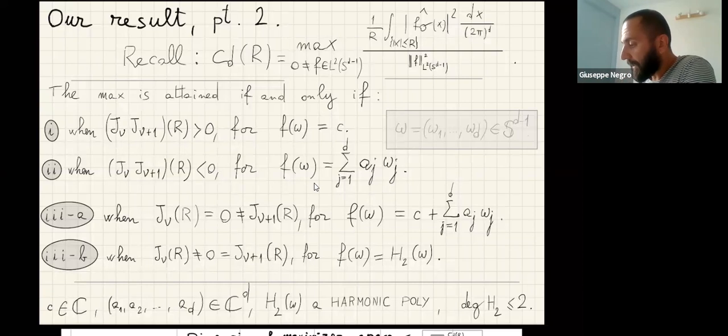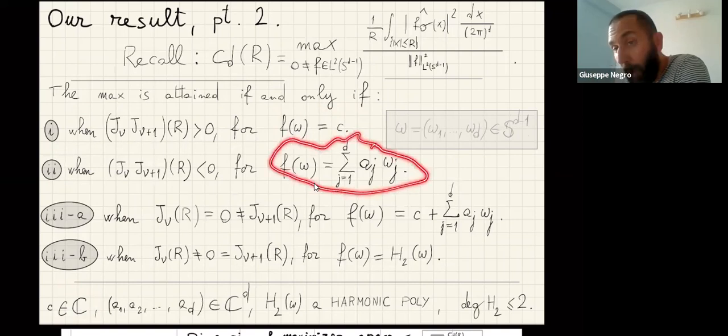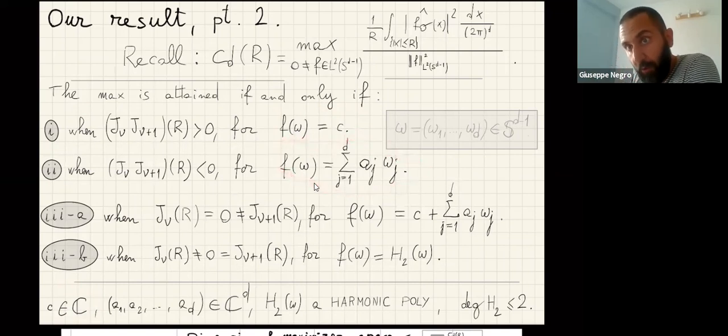And the maximizers have an interesting law, because you can see, generically they obey these two cases. Generically, they are either constants, C is just a constant, any constant, or polynomials of degree 1, but homogeneous polynomials of degree 1.